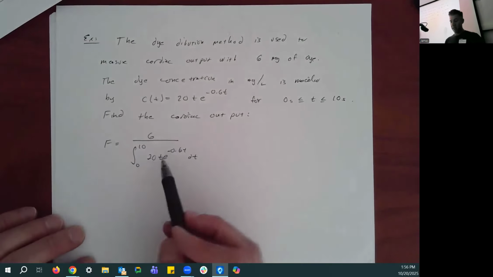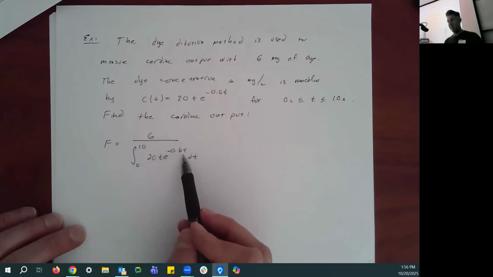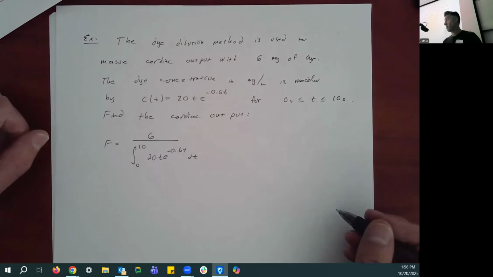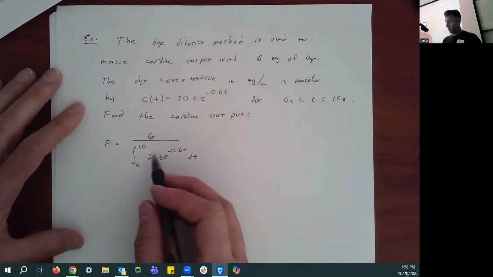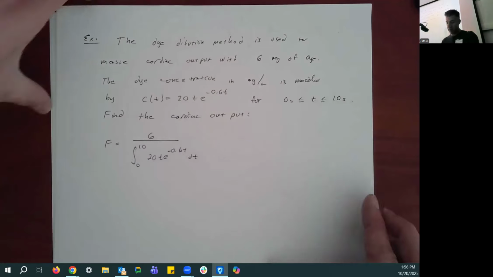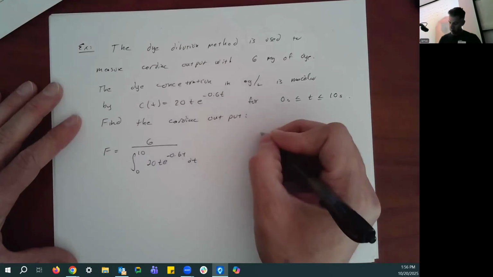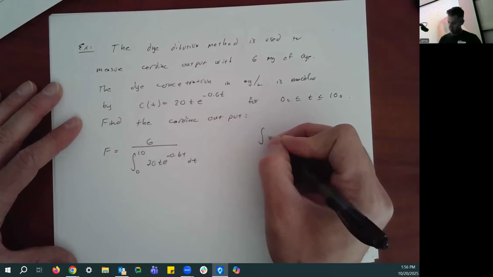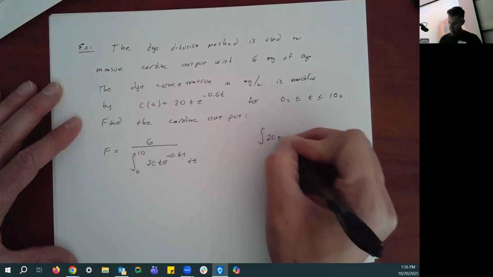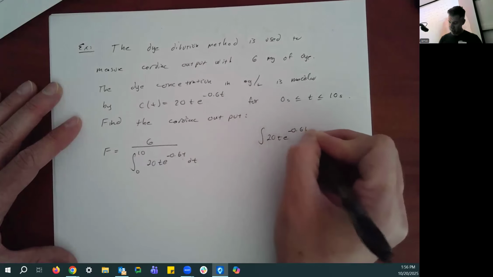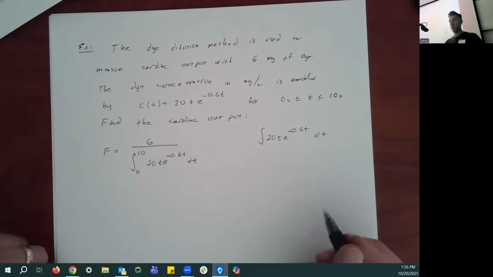Because this integral of 20 T e to the negative 0.6 T is an integration by parts problem. So what I would probably do is do this denominator part off to the side. The integral of 20 T e to the negative 0.6 T dt, integration by parts.